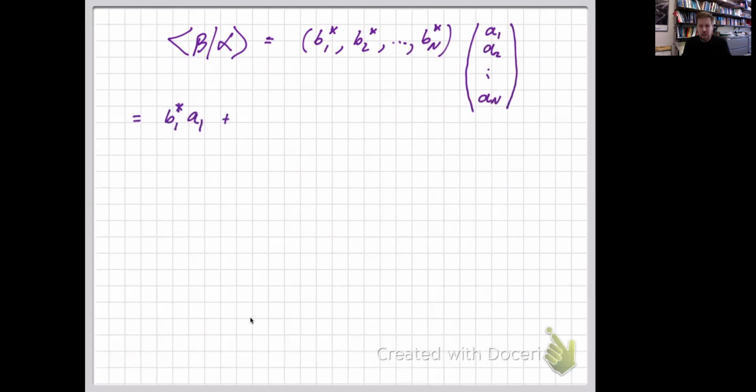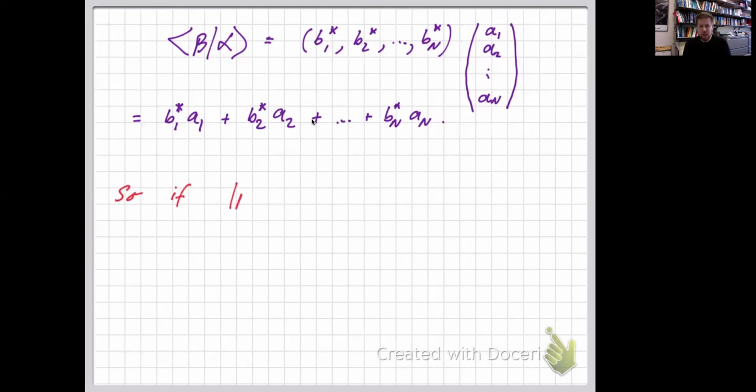We knew already that we need to get this answer out for the inner product: b1 star a1 plus b2 star a2 plus, and so on, up to bn star an. So we know this is the answer, and we can see now that this matrix multiplication between the row vector and the column vector gives us exactly the answer that we needed.